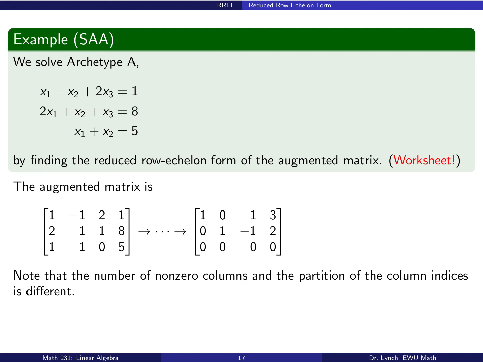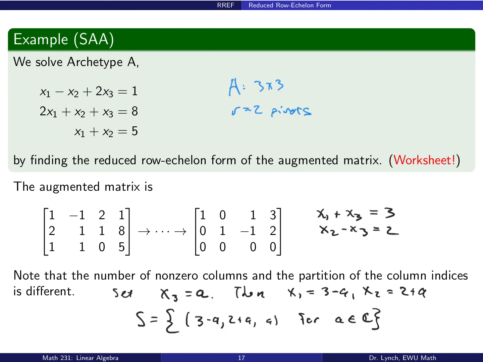I didn't mention this in the last example, but in this case, A, our matrix of coefficients, is 3 by 3, but there are only 2 pivot columns, r equals 2.